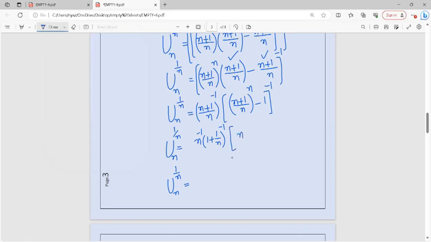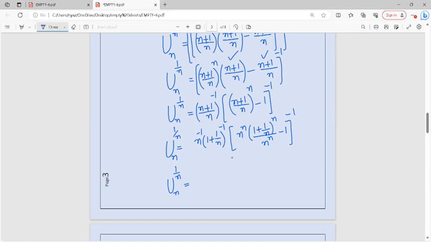It means n to the power n common from the numerator, so there it becomes 1 + 1/n. From the numerator we have taken n to the power n common, divided by this, the power we apply for numerator and denominator also. It is like that: minus 1, and whole to the power of minus 1 also as it is.